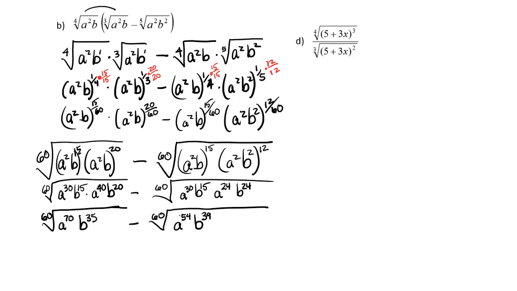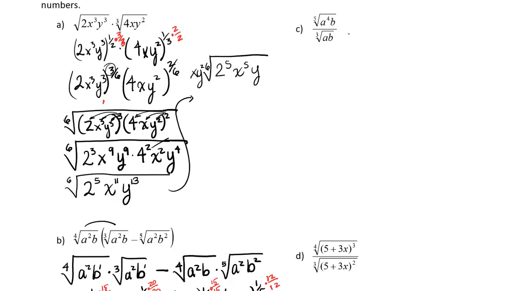In the second radical, nothing will come out nicely. In the first radical, we can take out an a. That will leave me a 60th root of a to the 10th, b to the 35th, and minus the 60th root of a to the 54th, b to the 39th.